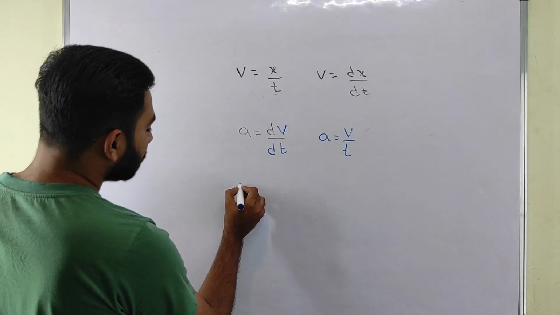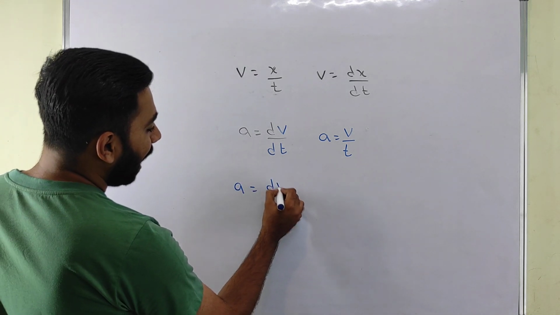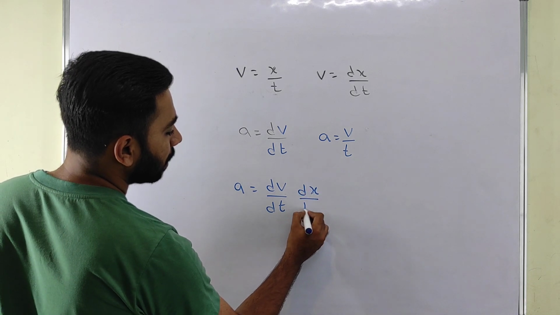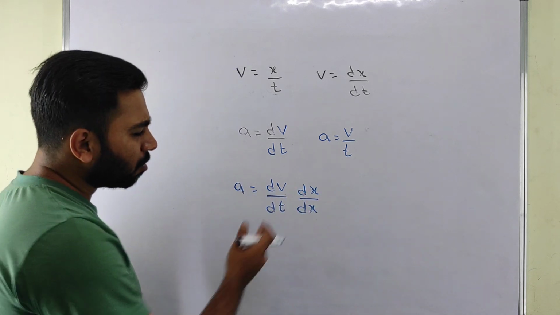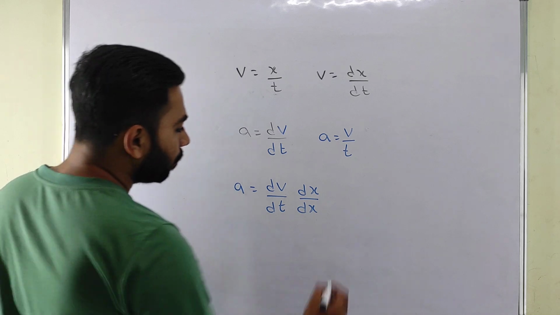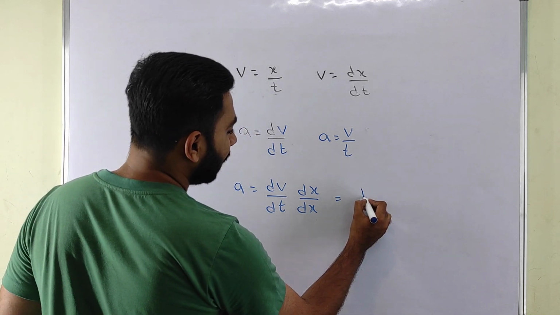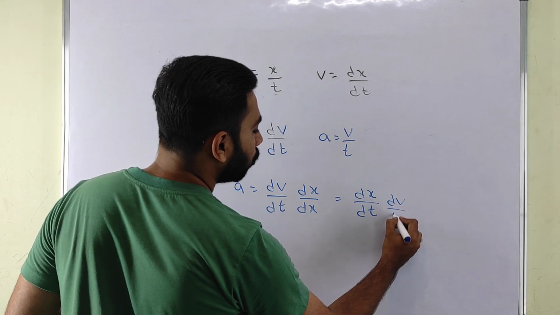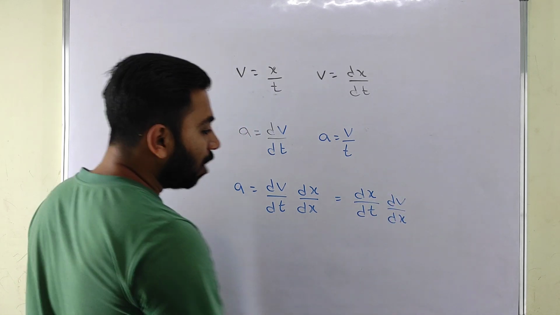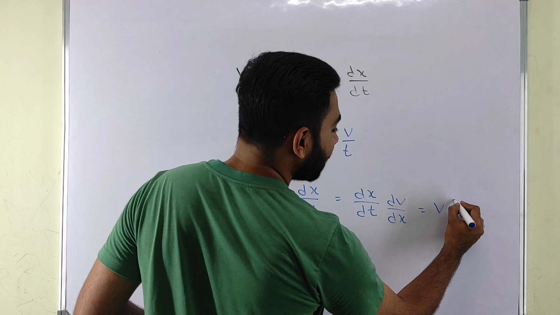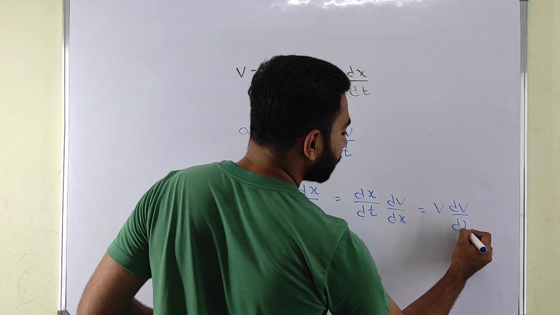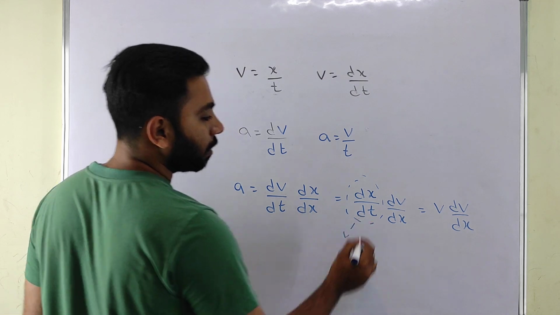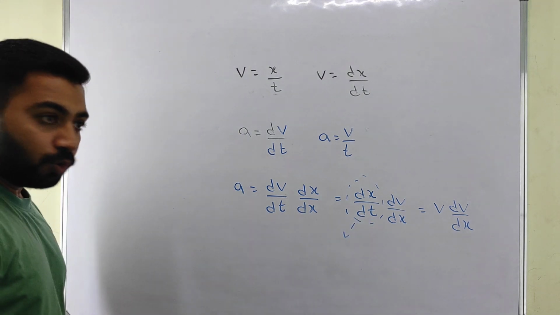Fine. Now this acceleration, I can multiply both sides with dou x and dou x. Sir, why are you multiplying? Because both cancel, you will get the same result. Now I can write dou x by dou t times dou v by dou x. This is equal to velocity into dou v by dou x. So we got a few equations.